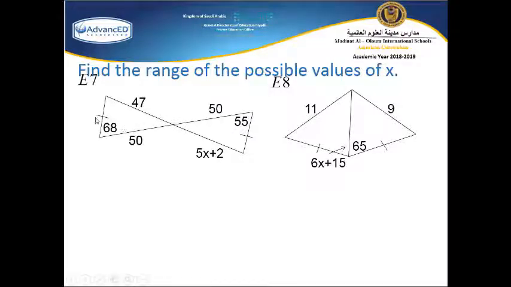Since 68 is more than 55, the side opposite to the smaller angle, 5x plus 2, is less than the other side 47, opposite to the larger angle. Then 5x less than 45, then x less than 9.